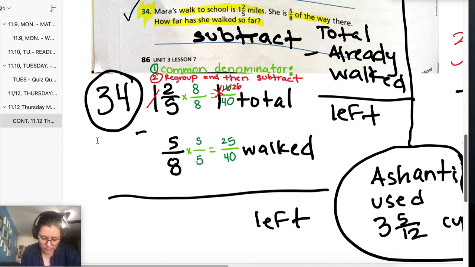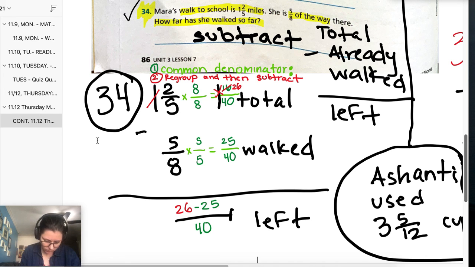So really, we have 26/40 minus 25/40. So to get my answer, I need to figure out 26, which I regrouped on top, minus my 25 over the common denominator of 40.